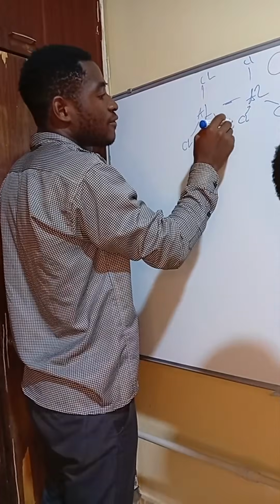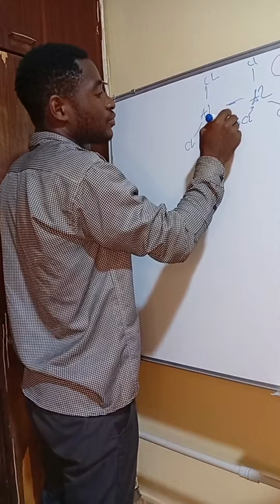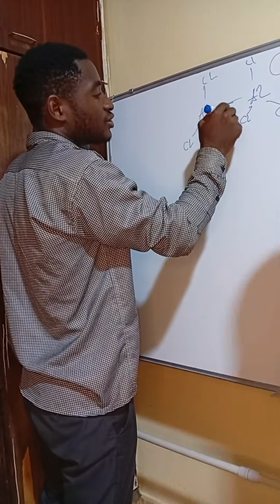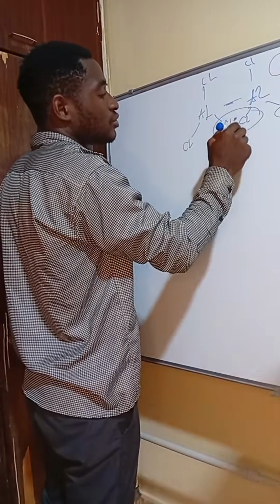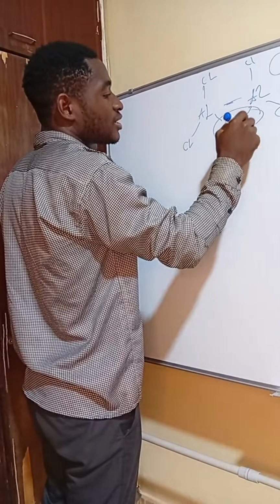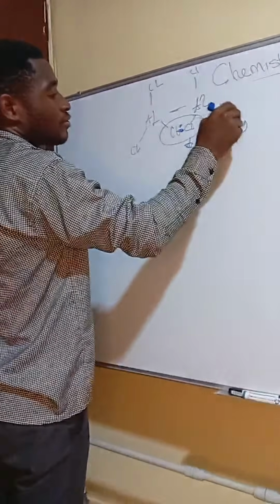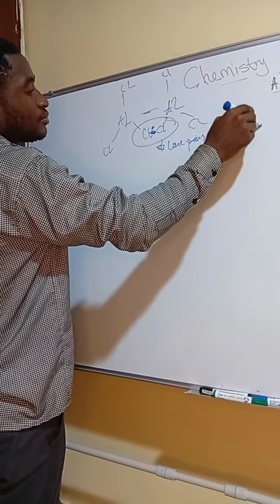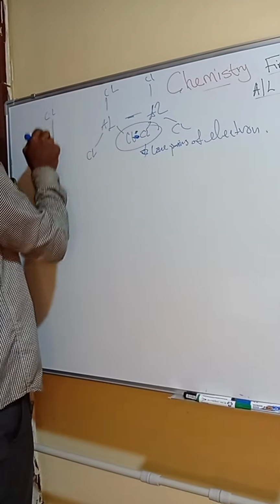And now there is a bond formed between these two chlorine atoms, which have lone pairs of electrons. There are two bonds here that are formed that give the lone pairs of electrons. So this is the dimer, and the other one is like this.